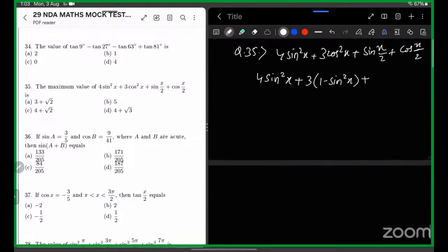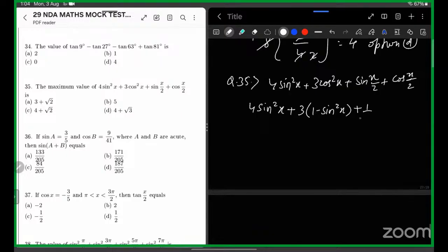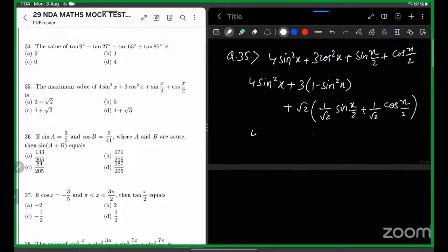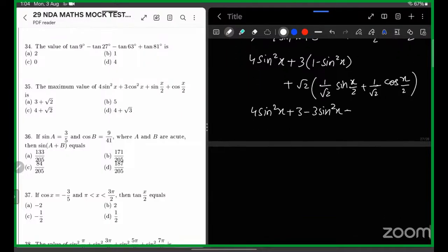Again, this sin x by 2 plus cos x by 2 can be replaced with 1 by root 2. If I multiply and divide by it, what will this become? Taking root 2 outside, 1 by root 2 sin x by 2 plus again 1 by root 2 into cos x by 2. I'm going to get 4 sin square x plus 3 minus plus root 2.